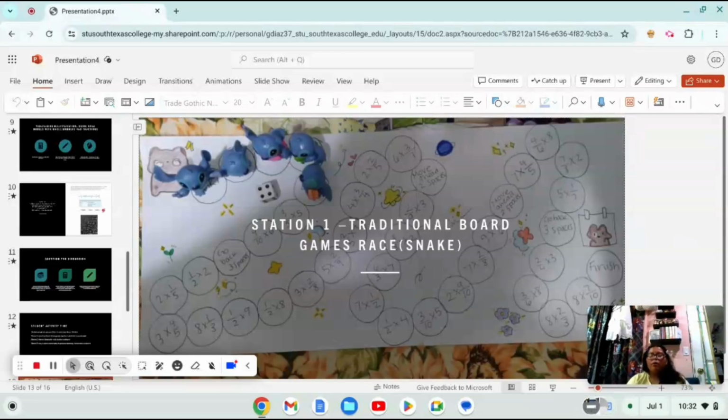They must solve the problem correctly and move forward the designated number of spaces. In case you get confused, when it says move forward 3 times 1/2, it means move the game piece forward 1.5 spaces on the board. Next, the player must correctly solve the multiplication problem involving a whole number and a fraction. Use mental math or paper and pencil if needed to solve these problems.